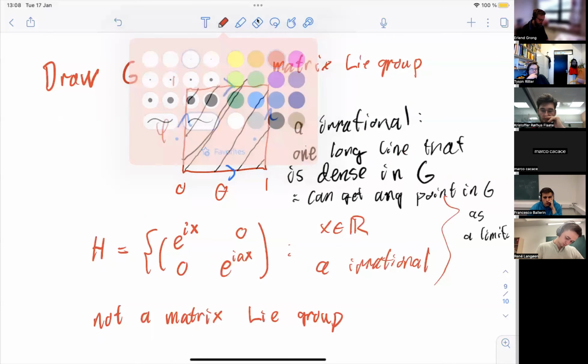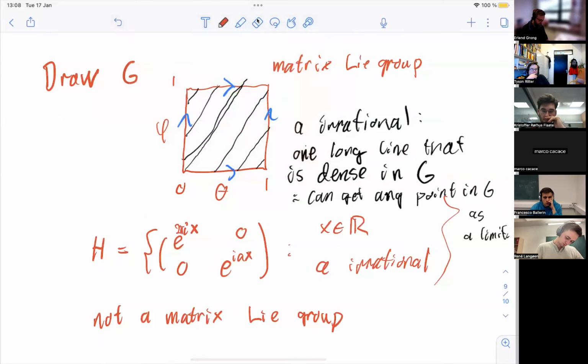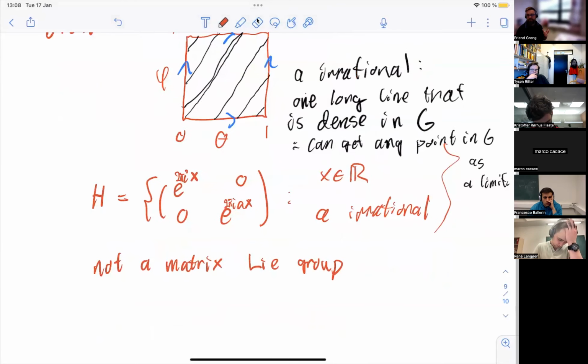So I should probably do 2 pi here. So H is obviously not closed, because I can have all the elements of G as limits, but G is an invertible matrix, and so limits can escape.